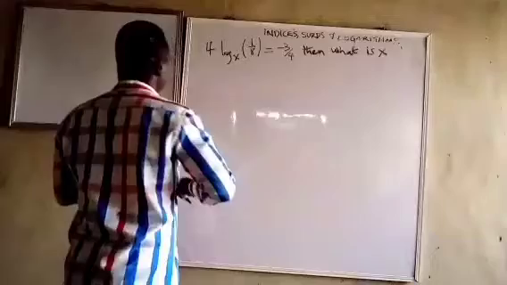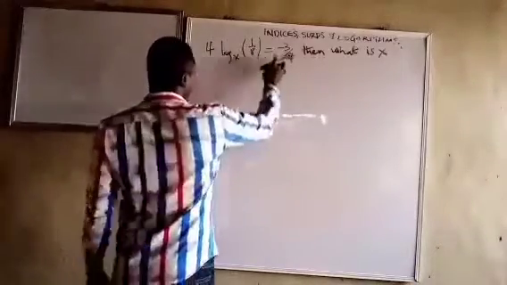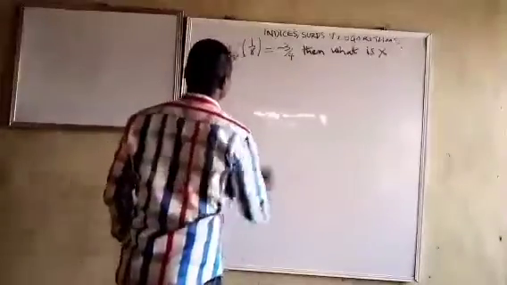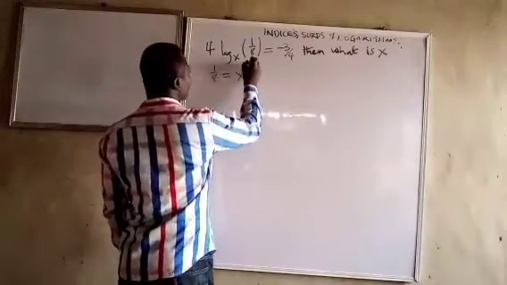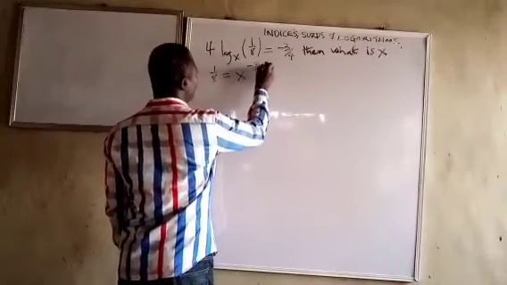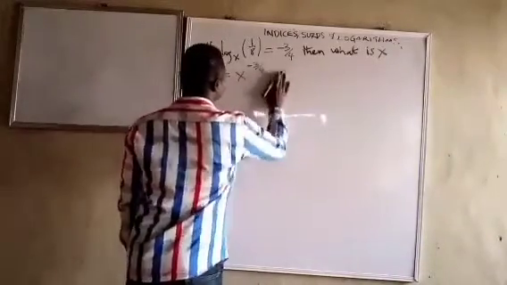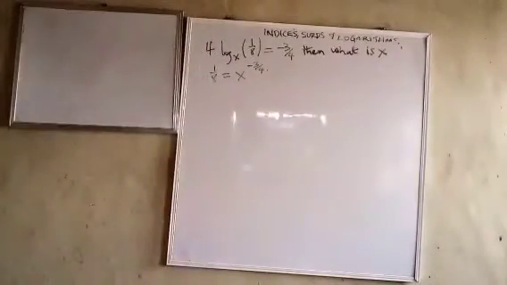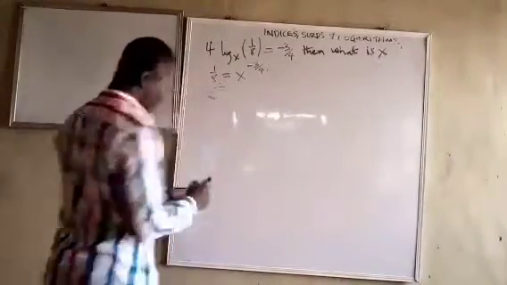Here we have this question. It says, if log base x of 1 over 8 is equal to minus 3 over 4, what is x? Let's see what x will be. So we have 1 over 8 is equal to x raised to the power minus 3 over 4. And what does that imply?